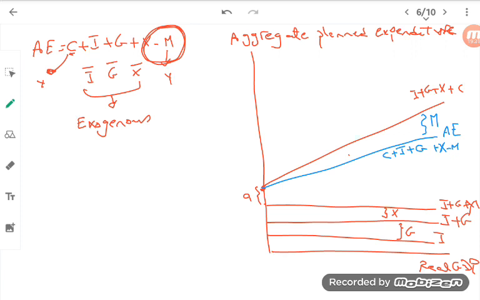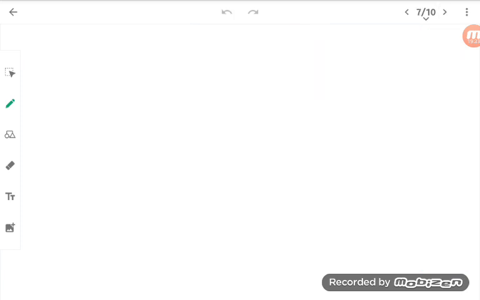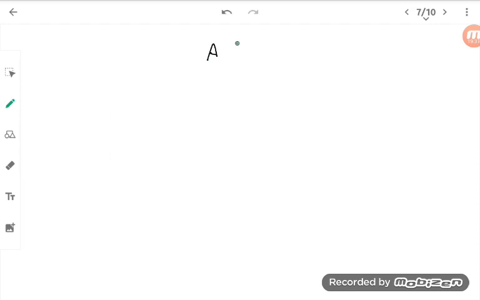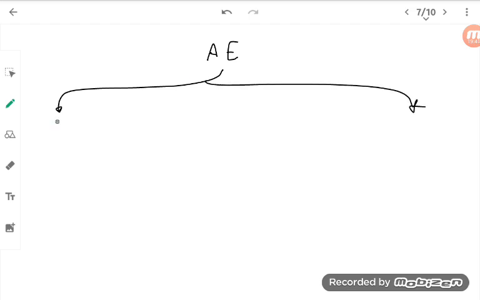Okay. From this we can divide expenditures into autonomous expenditure and induced expenditure.